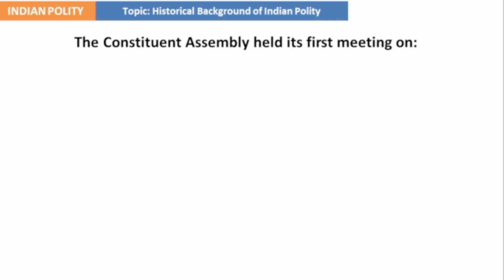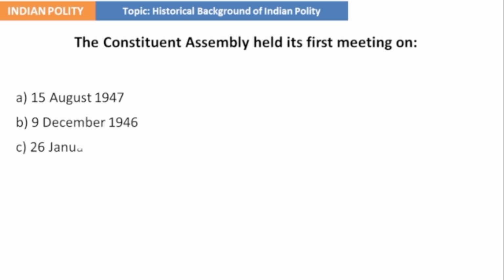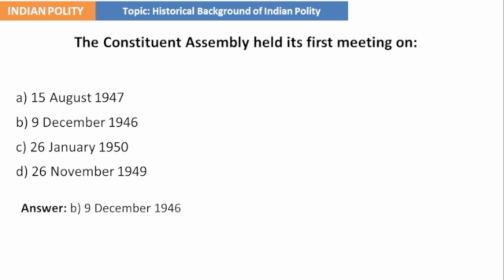The Constituent Assembly held its first meeting on... Right answer is option B, 9th December 1946.